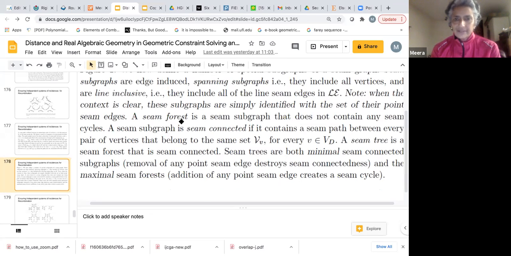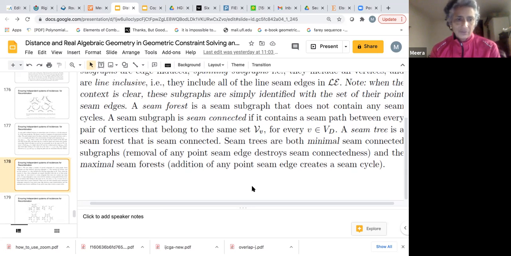And then a seam forest is a seam subgraph that does not contain any seam cycles, and a seam subgraph is seam connected if it contains a seam path. And remember, we have to keep saying seam everywhere because it's not an ordinary path. It has this condition that you have the partner edges there, and so forth. A seam tree is a seam forest that's also connected, and so on.